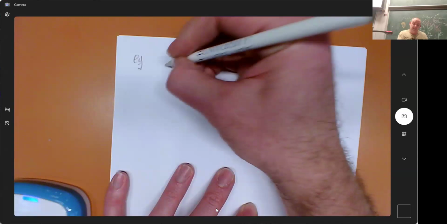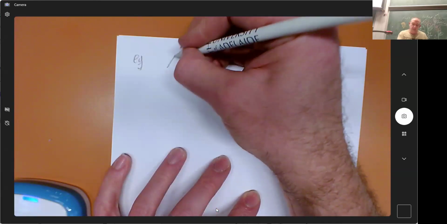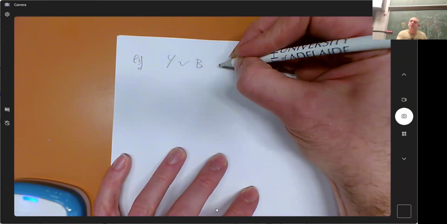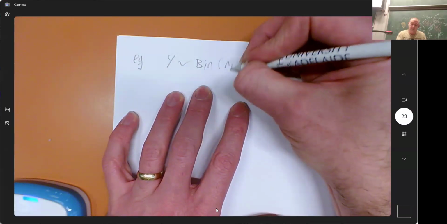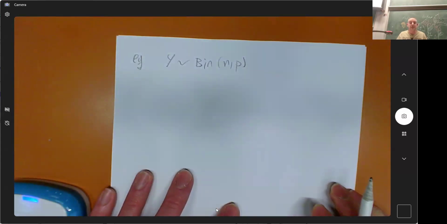So you can do moment generating functions even for a discrete distribution. It works as well. So I'm going to do one more example. Y is, how do you do binomial distribution? Just with a B or with a bin? Like that.